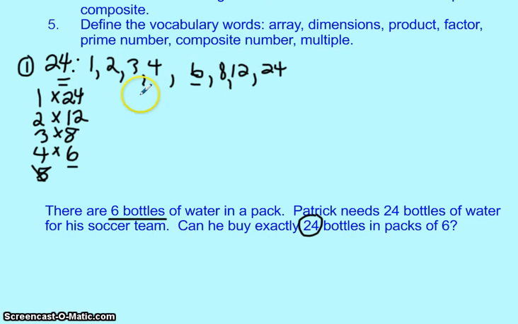Is 6 a factor of 24? In our list it is. So how many packs would he need to buy in order to get the 24 bottles? What was the factor pair that went with 6? It was 6 and 4. So this is a real life application for finding factors.